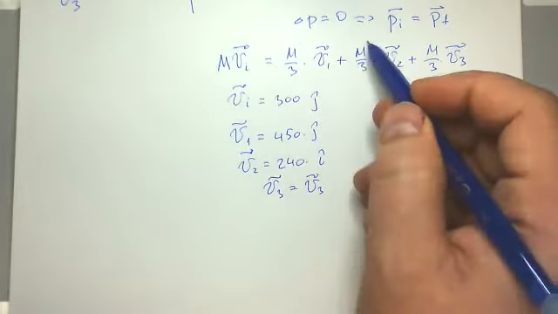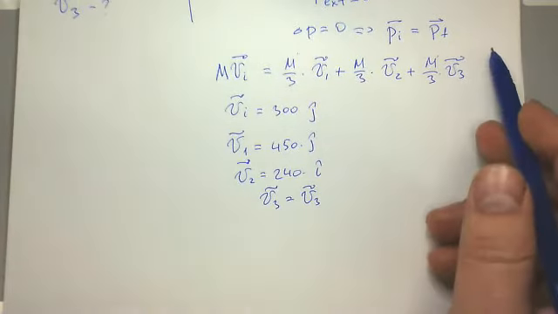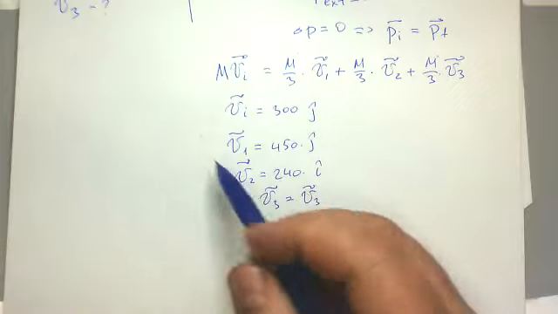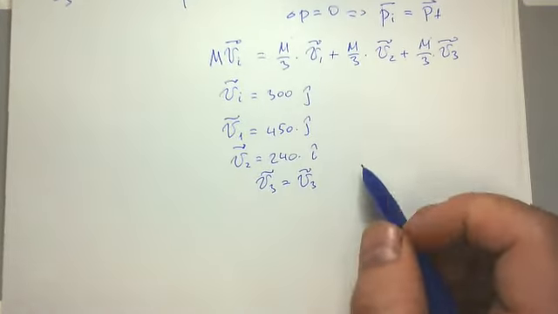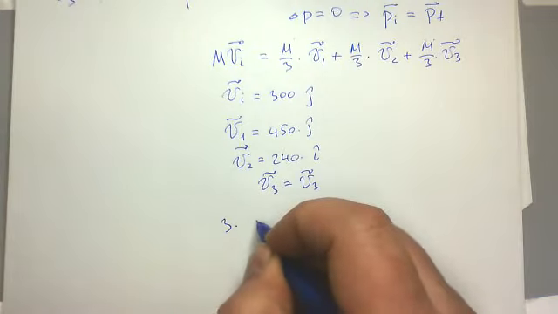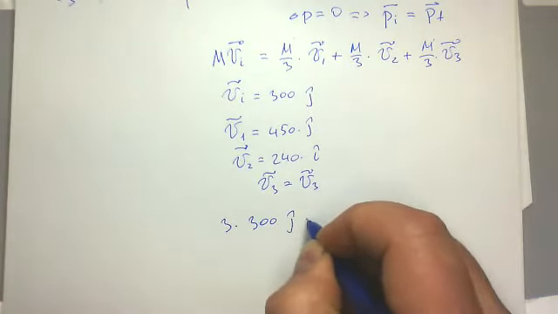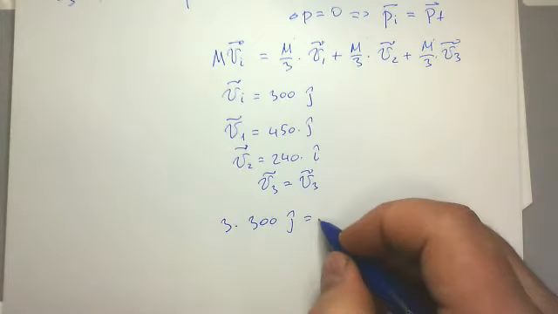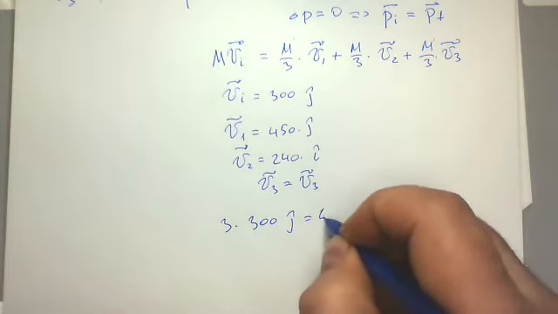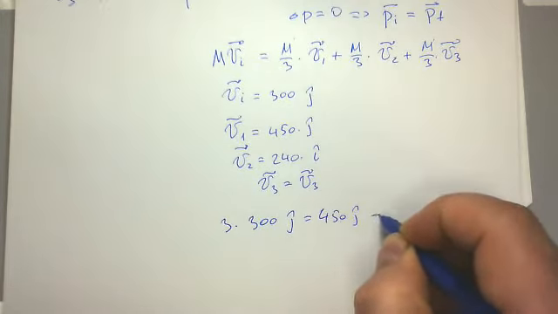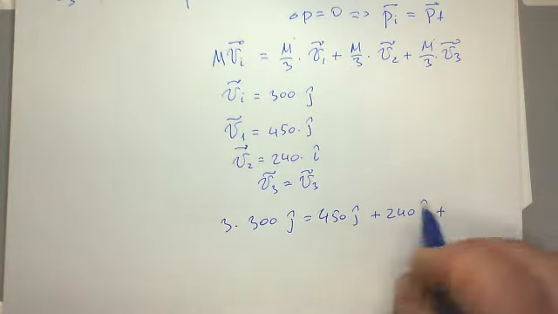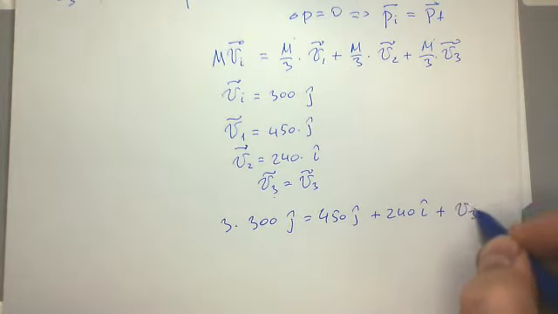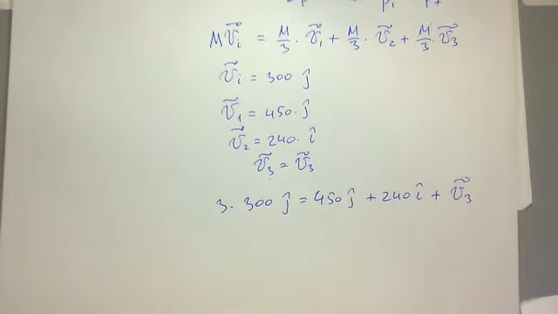Also, we can cancel capital M here, multiply both parts of the equation by 3, and then substitute these vectors into this equation. So you will obtain that 3 times 300j, this is the initial part, equals 450j plus 240i plus vector v3 that we have to find.